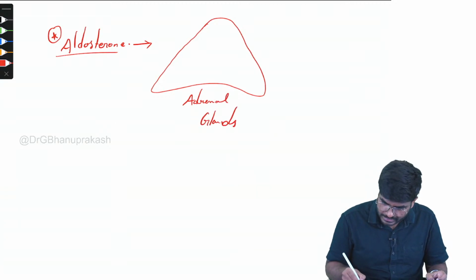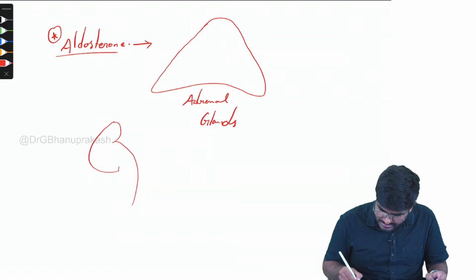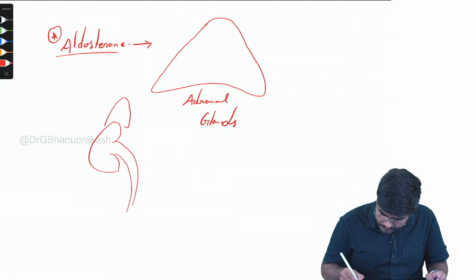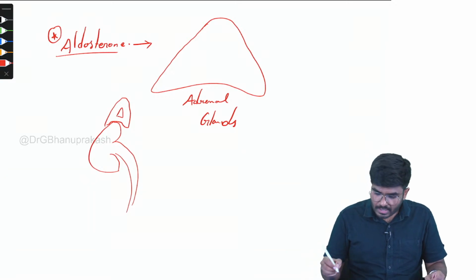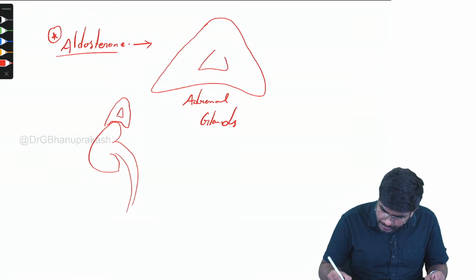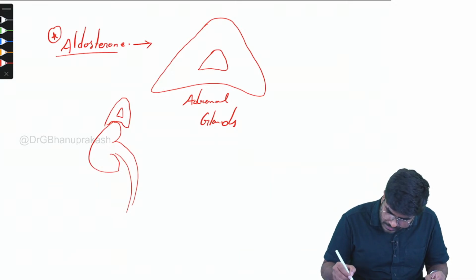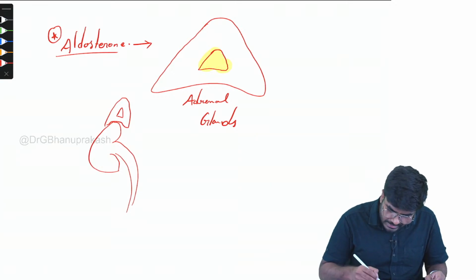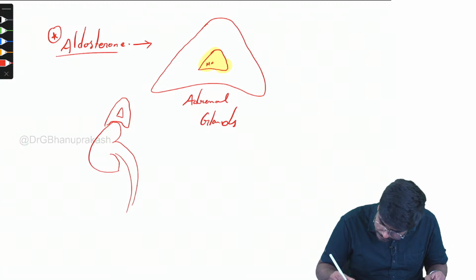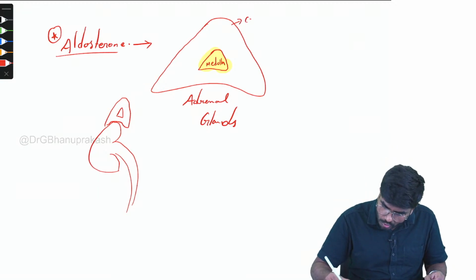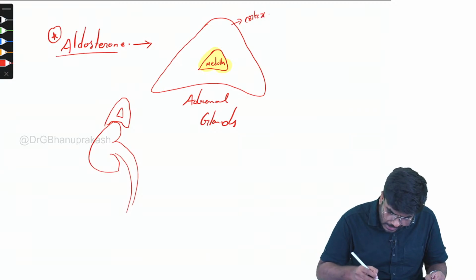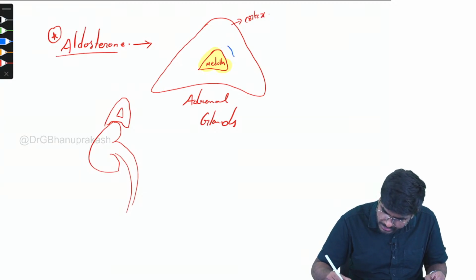On the superior pole of the kidneys, you have the adrenal gland. This adrenal gland is mainly divided into two regions. The central region is called the medulla, and the outer region is called the cortex. Now the cortex is further divided into three regions.